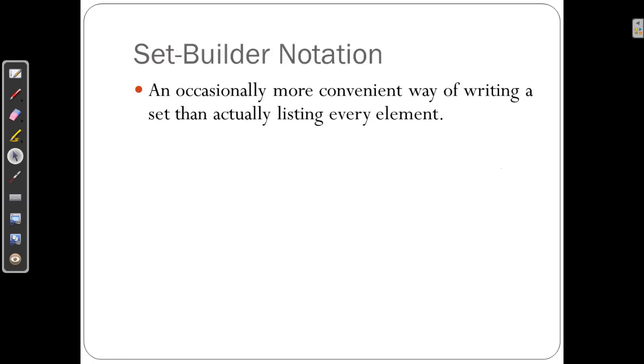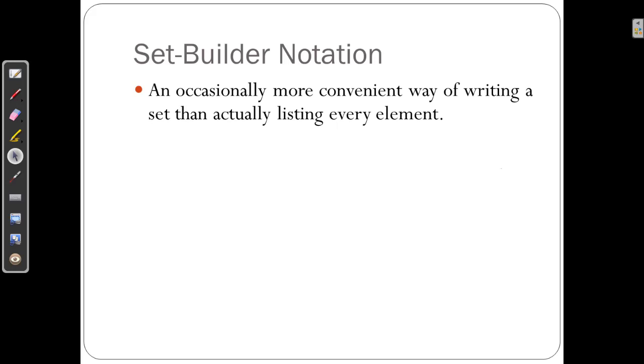Set builder notation. Sometimes it's not so convenient to write out every element in a set between two curly braces. In the last problem we did when we looked at S and T, both of those sets had 4 elements. But what if you had a set that had 100 elements?